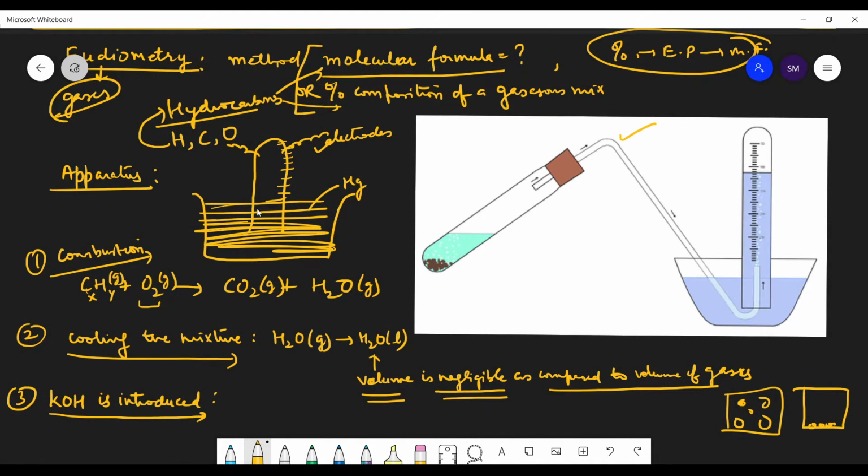So KOH will absorb this carbon dioxide, and you are going to cool the mixture to change water into liquid. So these are the two things. KOH is introduced, which absorbs carbon dioxide.